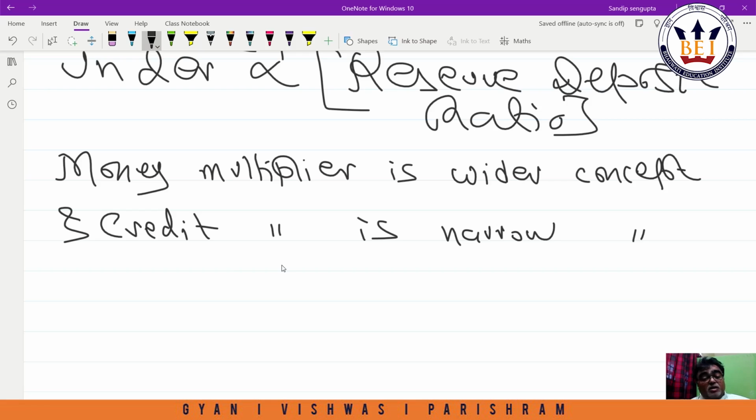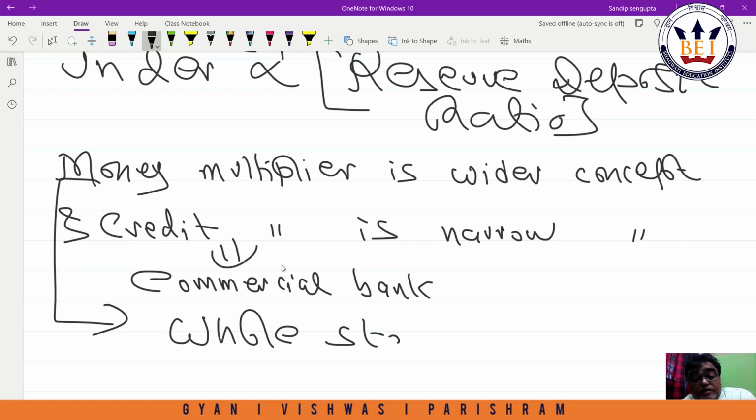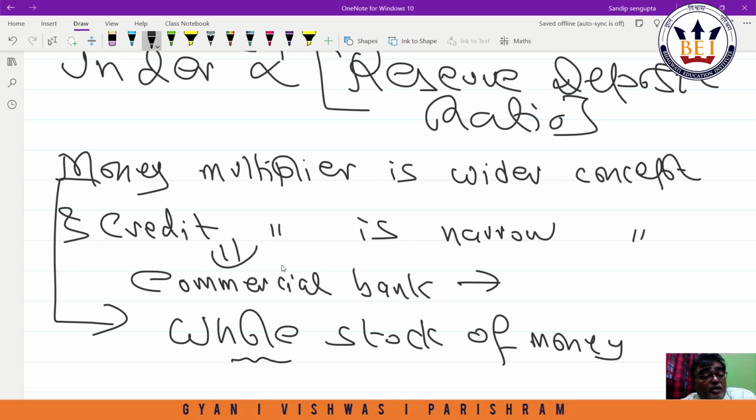Credit multiplier gives the picture of commercial banks, whereas money multiplier gives the picture of the whole stock of money. Well, it can also change the stock of money, but money multiplier gives a wider effect on this part.